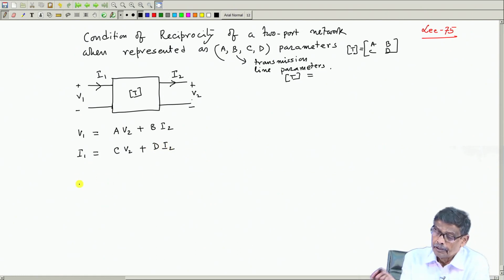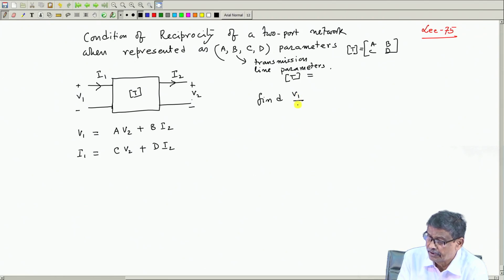Good. But once again I have to find the V1 by I2 relation. Therefore, first we find V1 by I2 with V2 equal to 0.